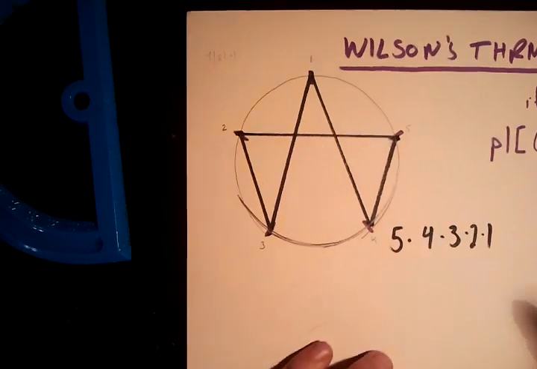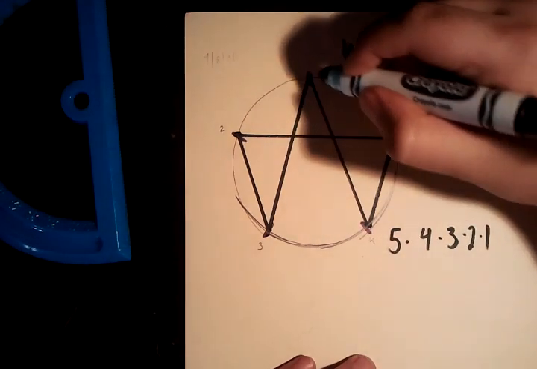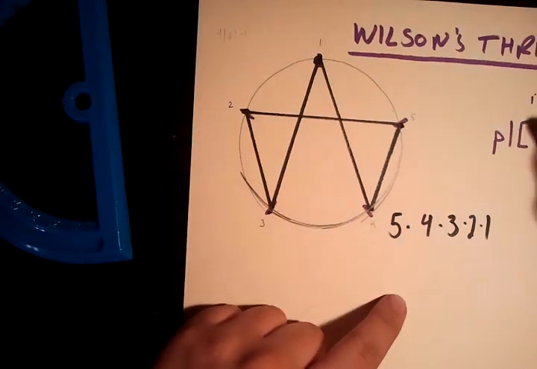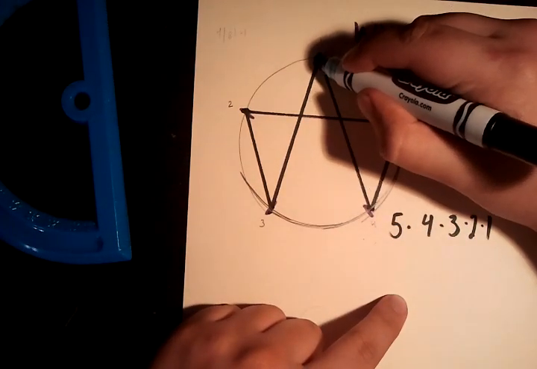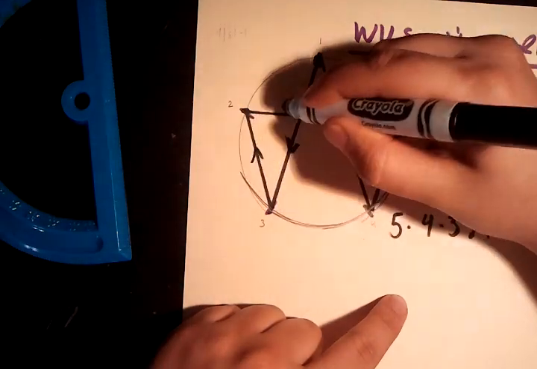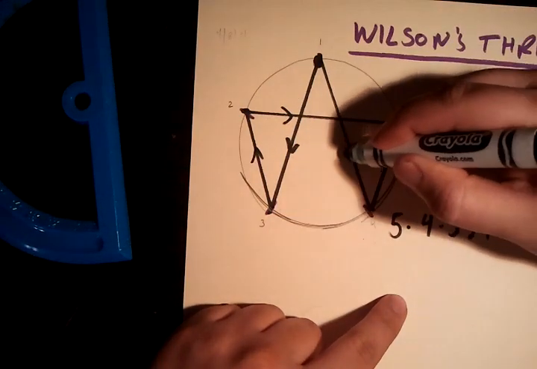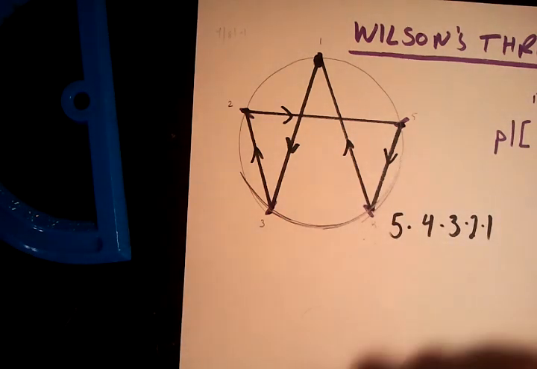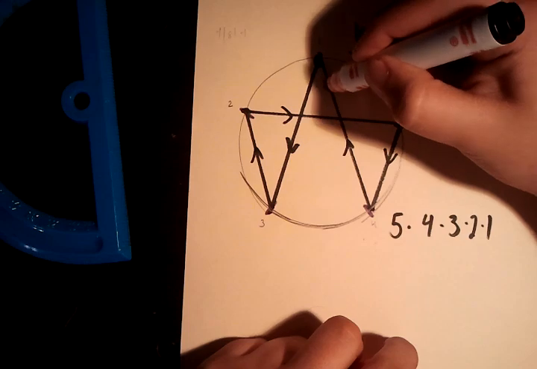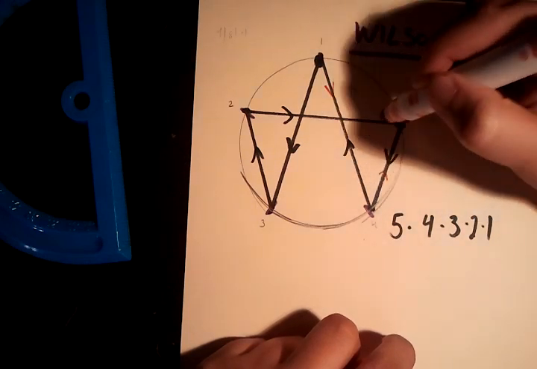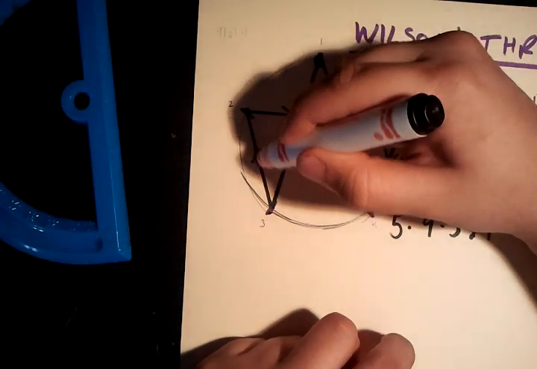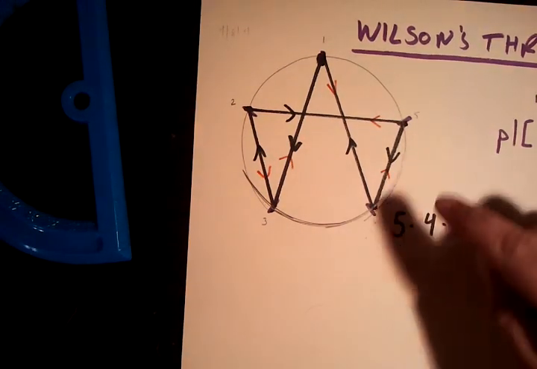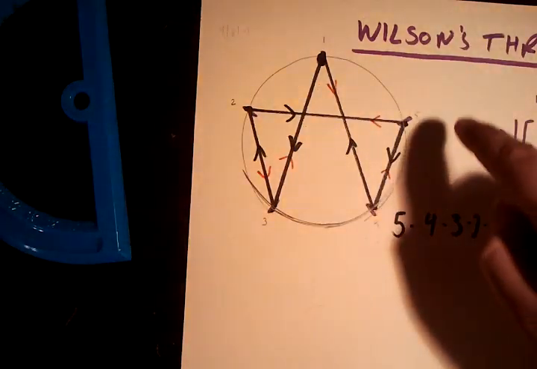But it turns out we've overcounted some cases, because let's say we start at 1. This polygon we see here could have been made in a multitude of different ways. For example, I went like this, came here, down here, and then back up. But I could have just as easily started at 1 and gone the other way around. I could also have made this polygon by starting at 5 and following a different path.